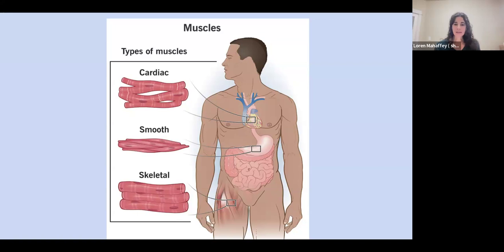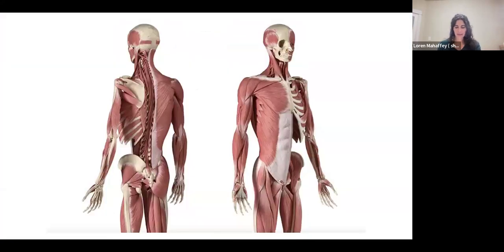Skeletal muscle makes up the bulk of the muscle in our body, and that's what we'll be focusing on in this class. Okay, so skeletal muscle generates all the movement that we make in our body, and skeletal muscle is under our voluntary conscious control.